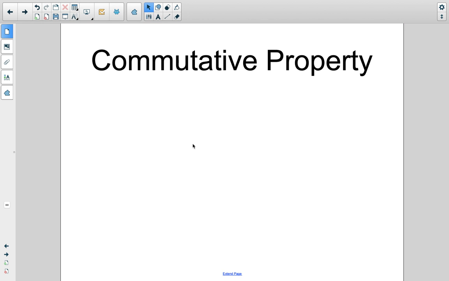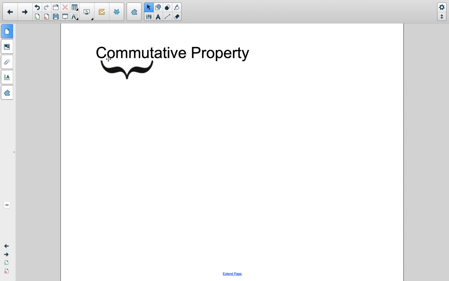First of all, I'm going to take a look at the first one, the commutative property. You might think, well, where have I heard this word before? Well, you probably haven't. However, if you look at the root word, commute is the root word of commutative property.